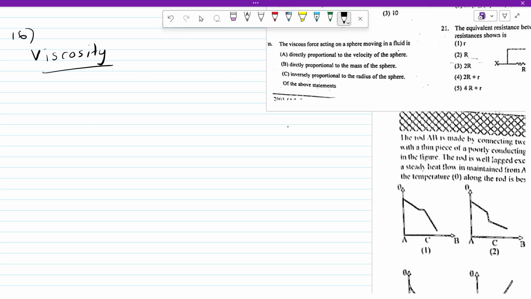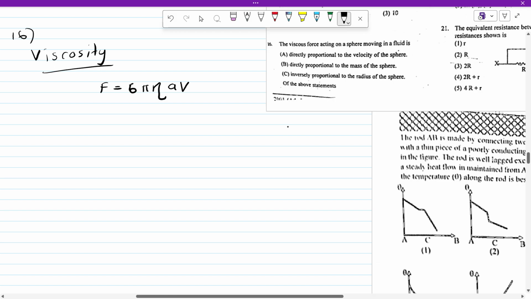The major equation for the viscous force acting on a sphere moving in a fluid is Stokes' law, a concept that you'll be getting under viscosity. This Stokes' law is used to find the viscous force F. The coefficient of viscosity is eta, the radius of the sphere is a, and it travels at velocity v, that is F equals 6 pi coefficient of viscosity into radius into velocity.